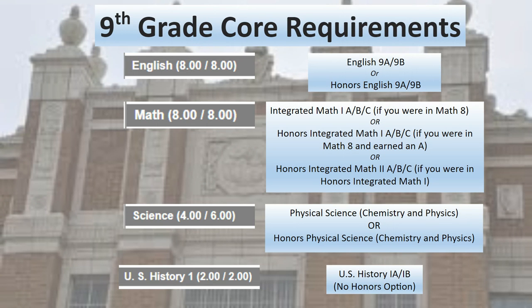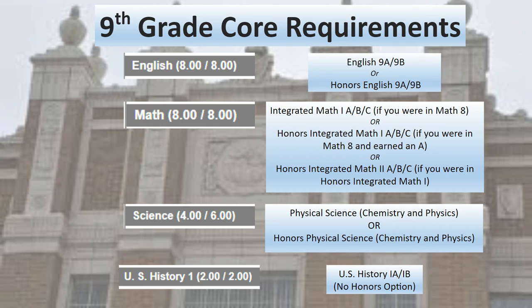For your 9th grade core requirements, as we were just talking about with the English, your student will do either the English 9A and 9B or Honors English 9A and 9B. Make sure you don't have both of those selected. You only need one. For math for next year, if your student was in the grade level English 8 math, they will go into the Integrated Math 1 next year.